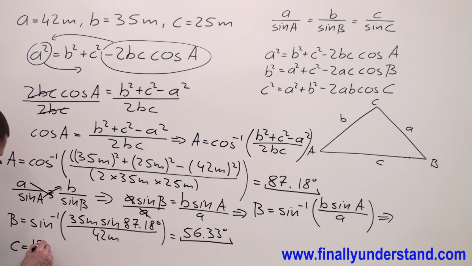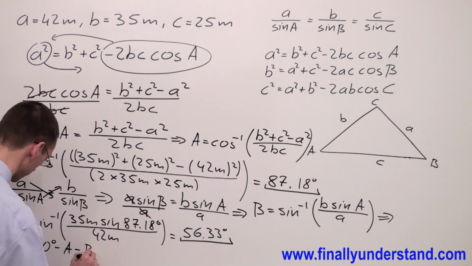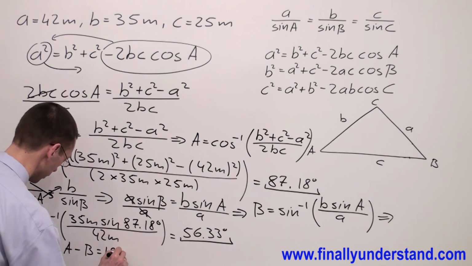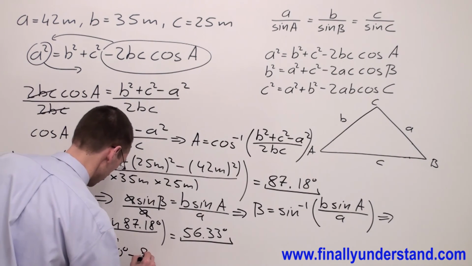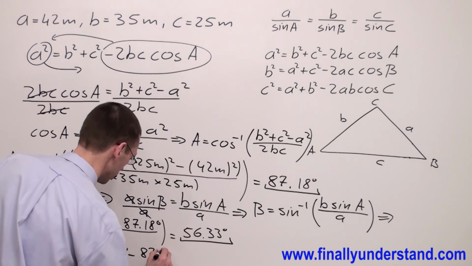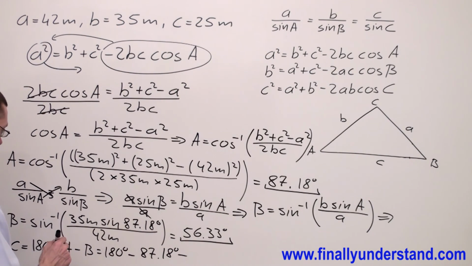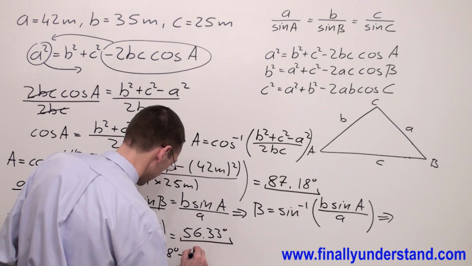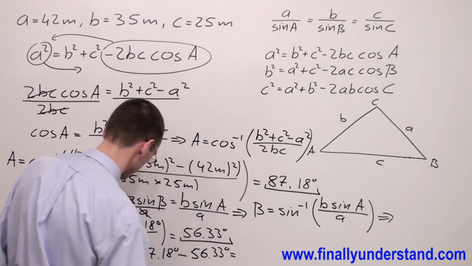So I have 180 degrees minus angle A and minus angle B, which is equal to 180 degrees minus angle A, which is 87.18 degrees, and minus angle B, which is equal 56.33 degrees.